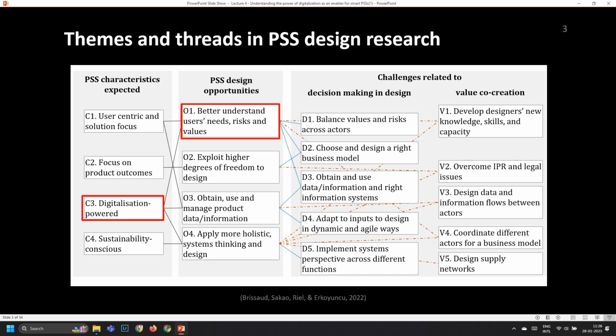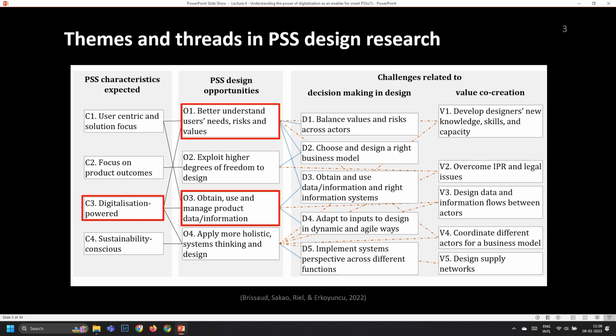For example, through digitalization techniques, it's possible to better understand user needs and also risks and values, right? We can collect data, if possible, from user behavior and so on.